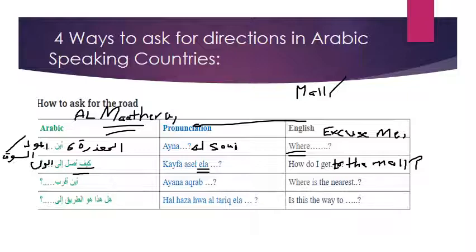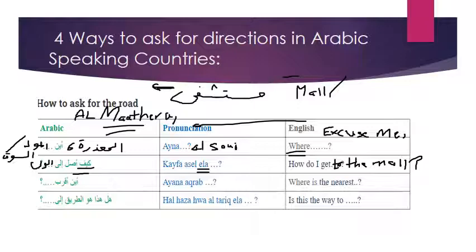Let's assume now I want to ask about the hospital. We know that the hospital is what? مستشفى. Okay? The hospital is مستشفى. And you are in a hurry, because your dad is at the hospital and you want to arrive there quickly.